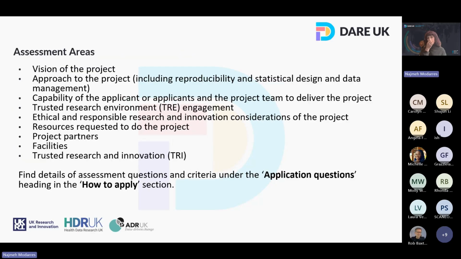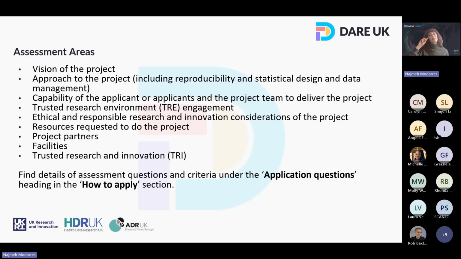And then finally, I just wanted to highlight the assessment areas. When you're on the UKRI application process, it's very lengthy, and there are a lot of pieces that you have to write up. These are the assessment areas, and for each section you will have a word limit and so on.